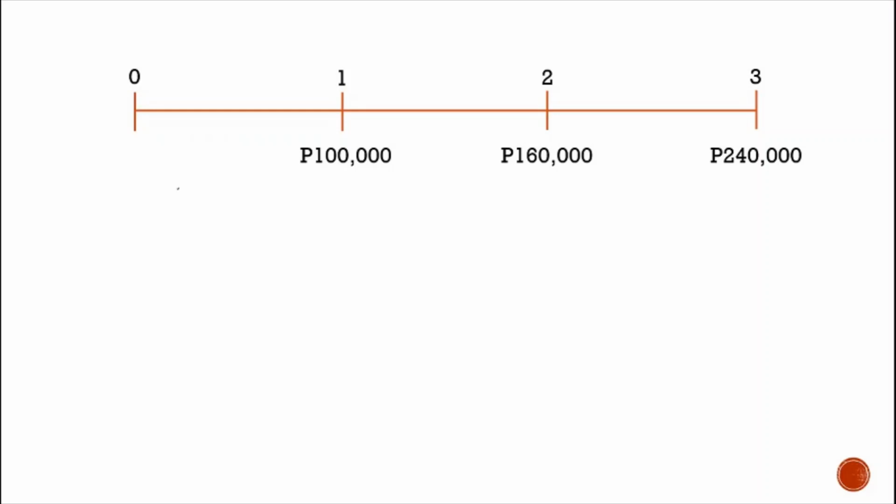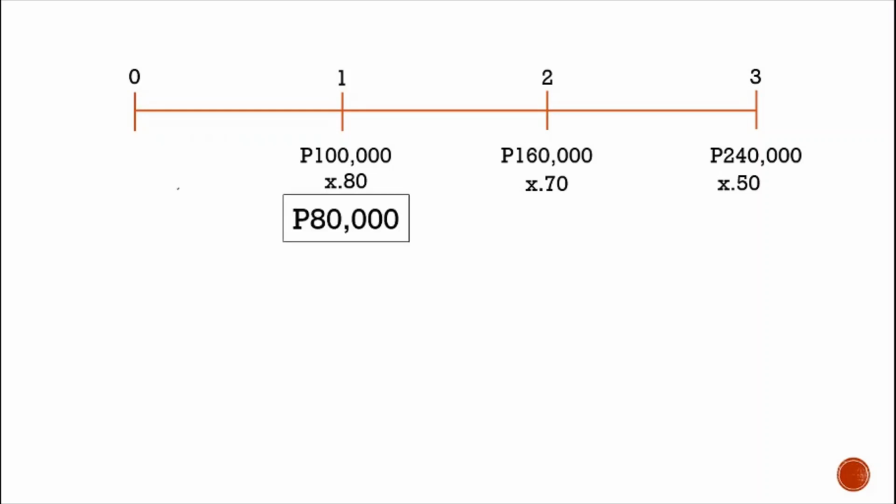Since risk is present in this project, we are going to trim down the cash flow to its certainty equivalent. That is, if we're going to substitute it with cash flows that are guaranteed, we would be willing to receive even a lower amount. The certainty equivalent coefficient for year 1 is 80%, year 2, 70%, and year 3, 50%.